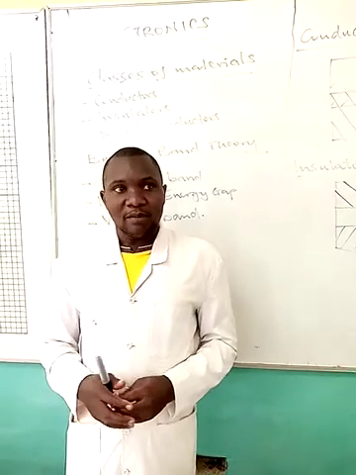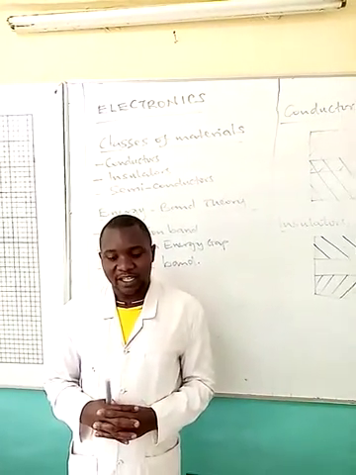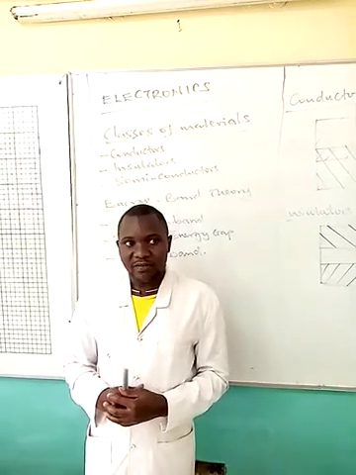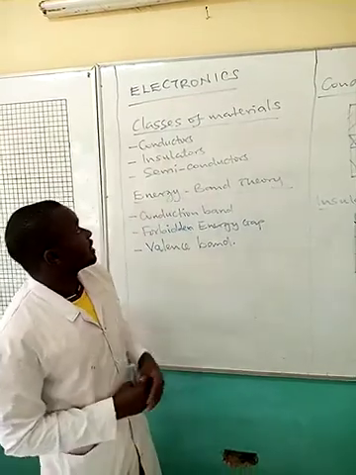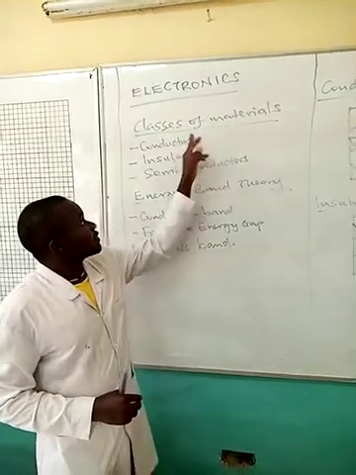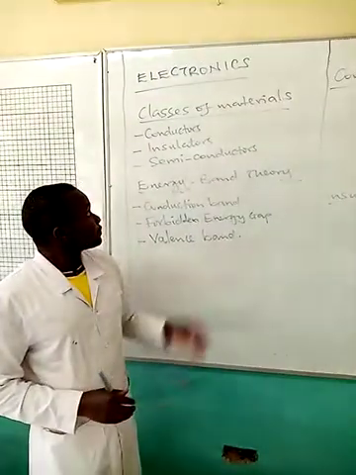Now, this movement results in what we call electrical conductivity. And in terms of electrical conductivity, materials are classified into three. So we have three classes of materials. That is, we have conductors, insulators, and semiconductors.